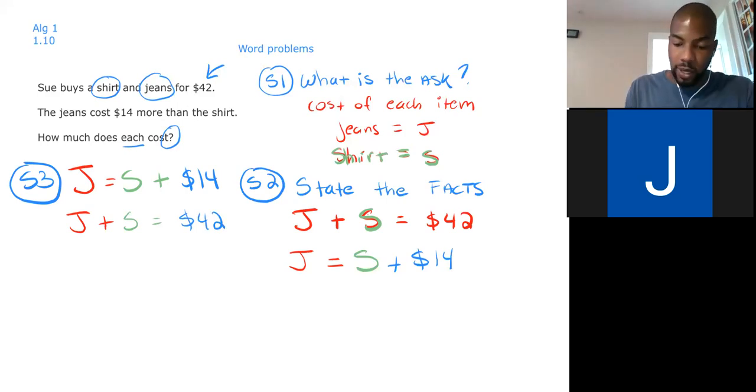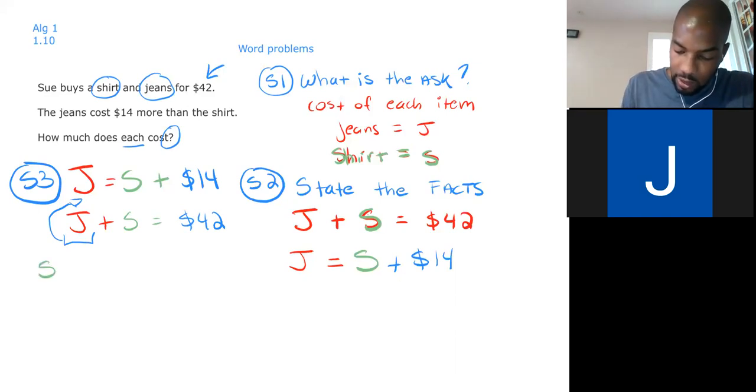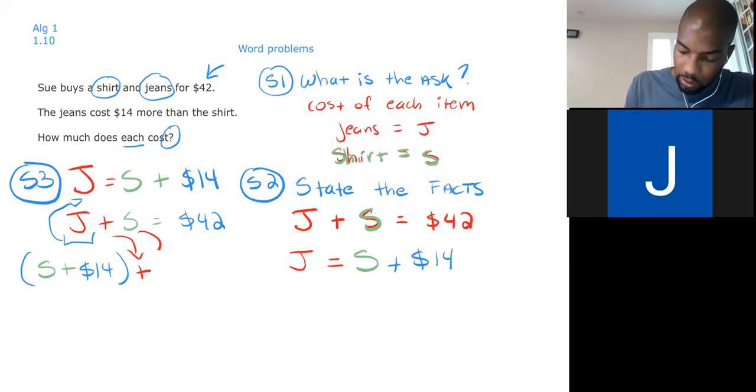So now in this equation, I can replace this jeans with what that jeans is worth. And if I replace what J is, it is the shirt price plus $14, and then I just fill in what's left, plus the price of the shirt is going to be a total of $42.